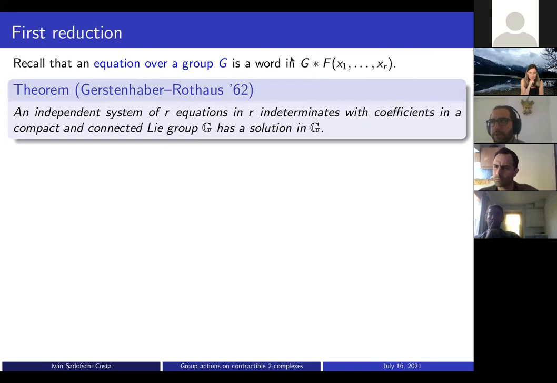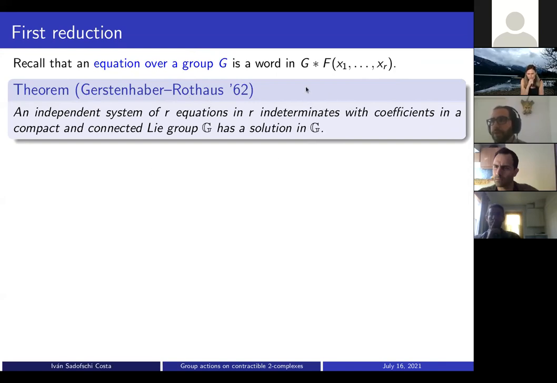It's like abelianizing this system and taking the determinant. If the system is independent, we can find a solution in this Lie group G. And finding a solution simply means that we can find elements of this Lie group G such that when we evaluate these words on those elements, we obtain the trivial element of the group. So this notion makes a lot of sense.